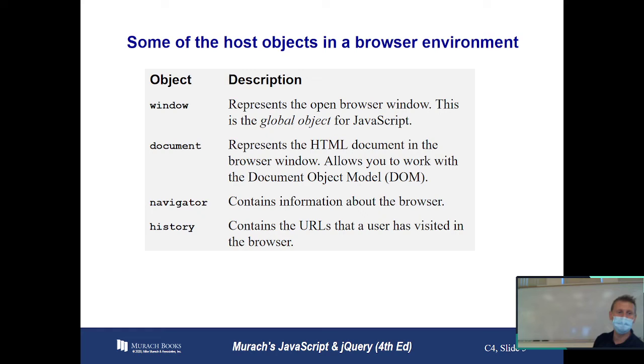Then you have the document object, and we've used that quite a bit. Document get element by ID, and there are many other methods. Basically this document allows you to work with the document object model. We'll get into this, but what is the document object model?